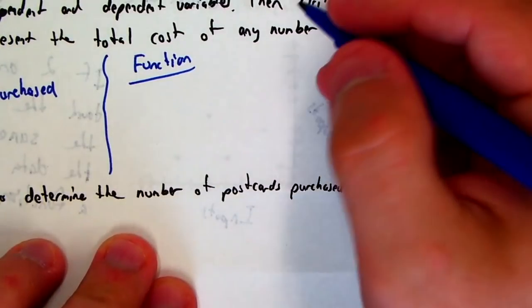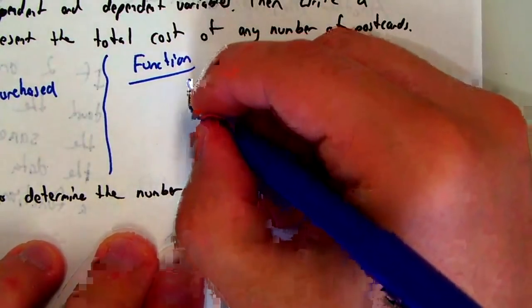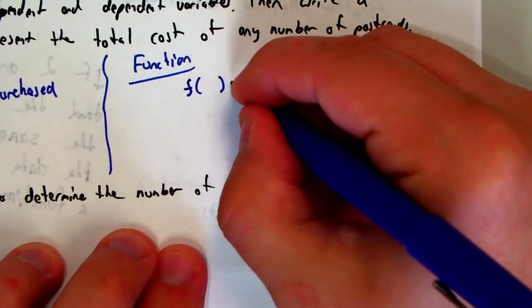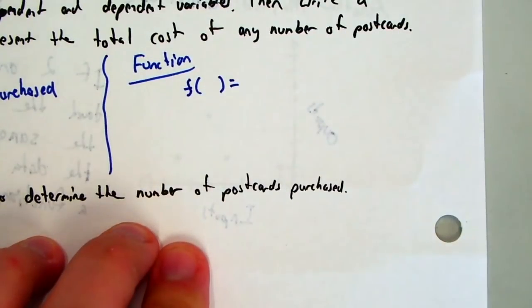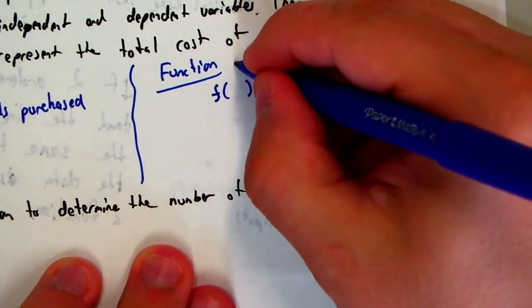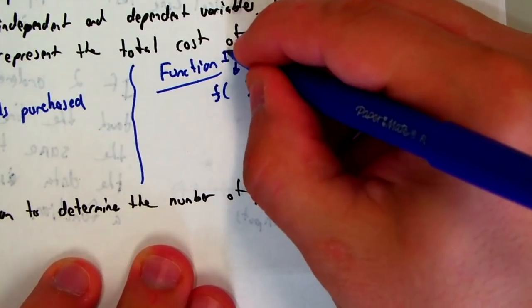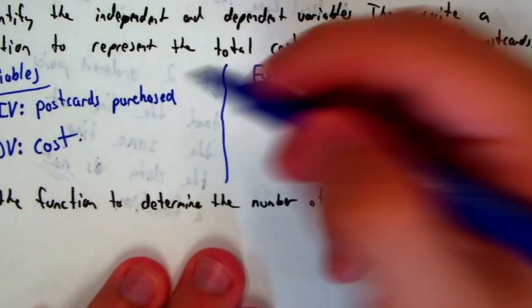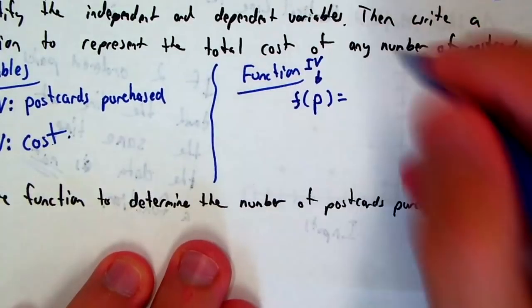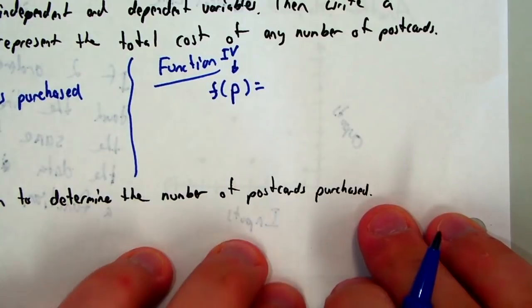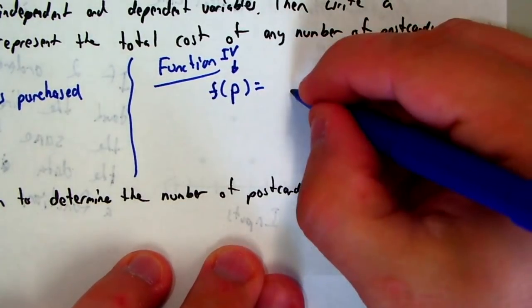Now, our function. We can use whatever variables we want, but we still have to start with f. So, this right here is my independent variable, which happens to be the number of postcards that I purchased. So I'm going to use a variable of p here.